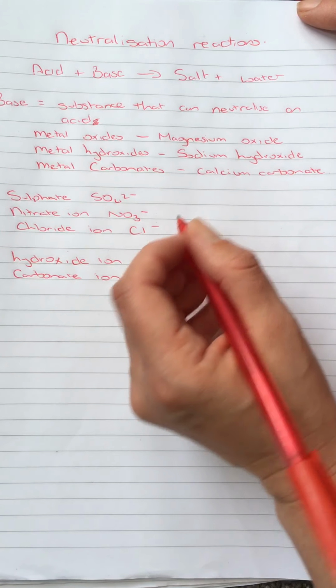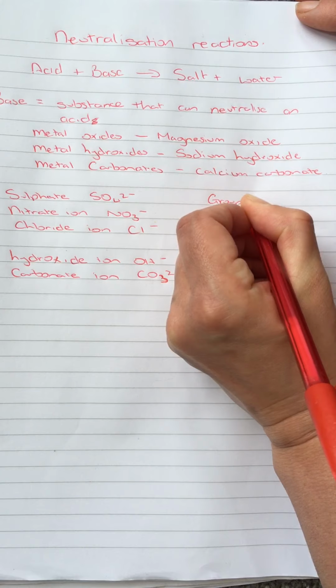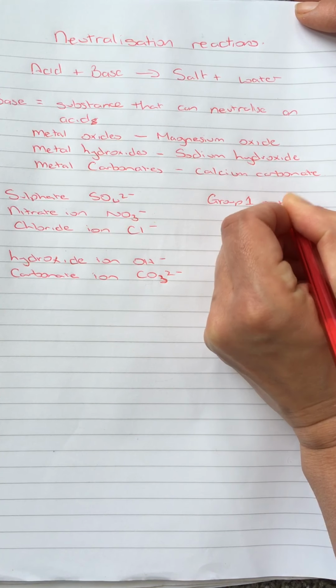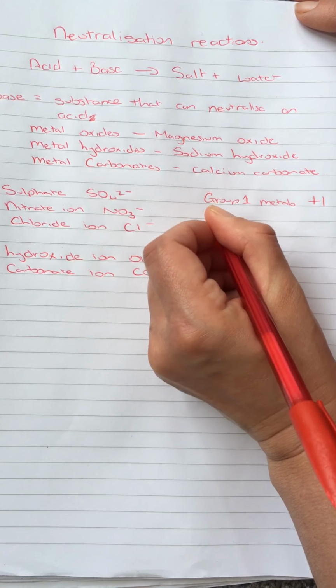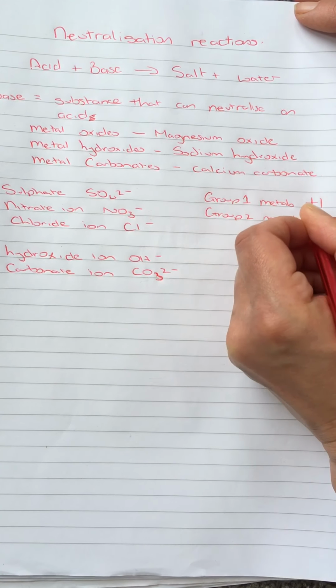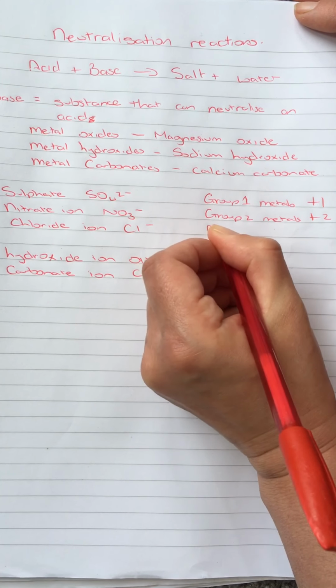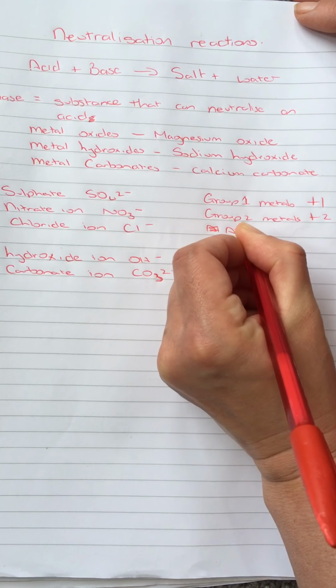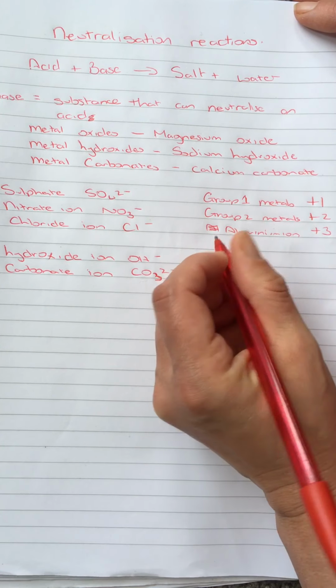For the positive ions, you'll need the group 1 metals. So if you remember, they're all +1. You'll need the group 2 metals. They're all +2 ions. The aluminium ion again, which is +3.